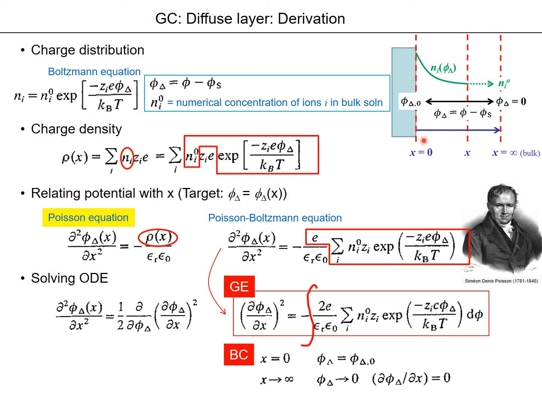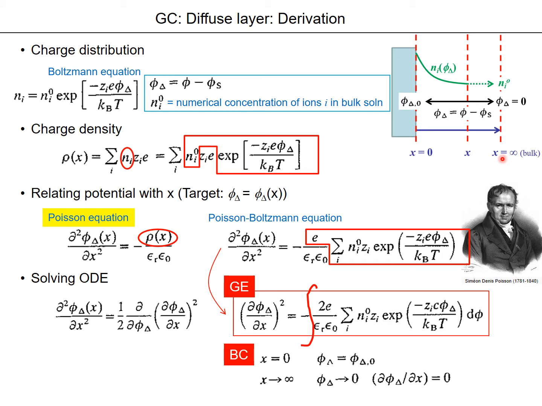Along the x-axis from the surface to the bulk electrolyte, we have another axis for the potential. Here is the new definition of the potential. Phi delta is equal to some potential phi minus the solution potential.